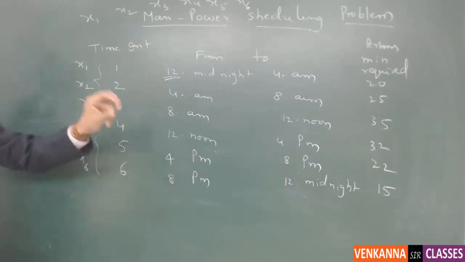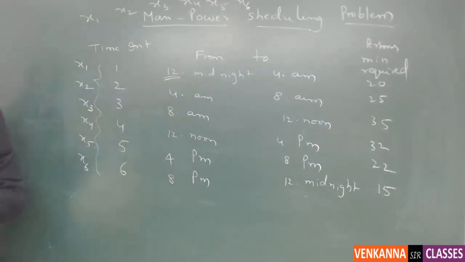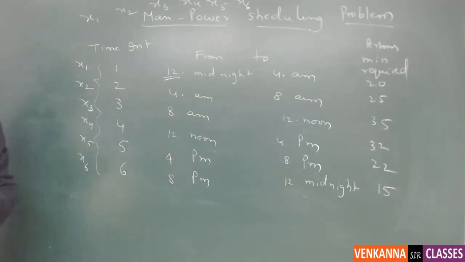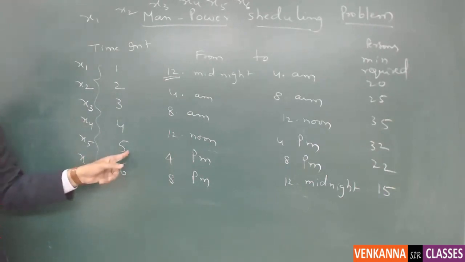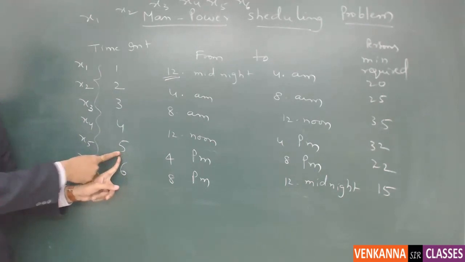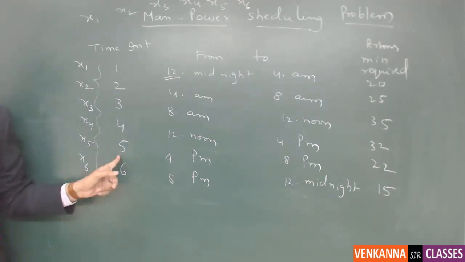It means that he will work for the first interval as well as the second interval, isn't it? Because the interval slot is just 4 hours, but the person is working for 8 hours. So in interval 5, who are the persons working? x5 and x4, isn't it?